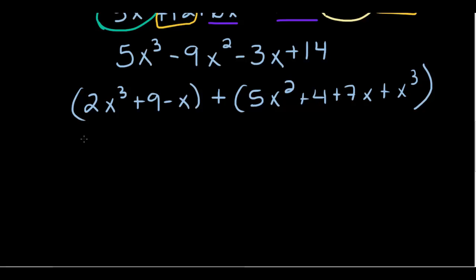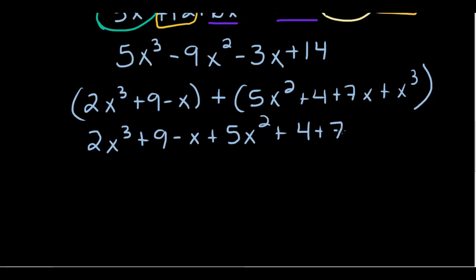So we're going to get rid of the parentheses. So basically I'm just going to rewrite the same thing but without the parentheses. 5x squared plus 4 plus 7x plus x to the power of 3.